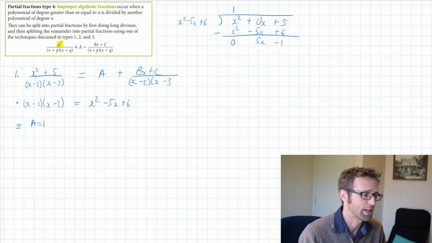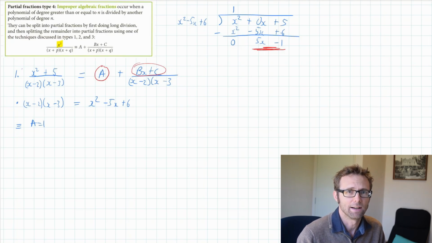So I have just discovered what a is, and bx plus c is this bit here that we've just worked out. We've split it into two parts: the whole number, and the fraction remainder left over. For my next part, I'm going to do 5x minus 1 over x minus 2 times x minus 3.